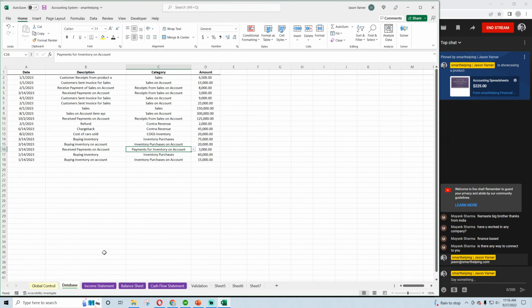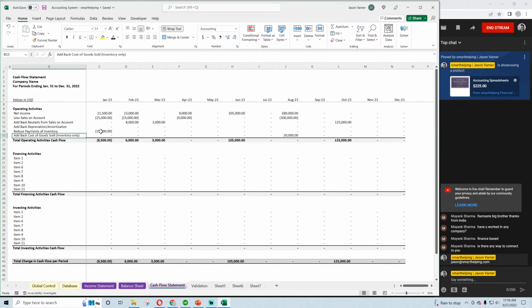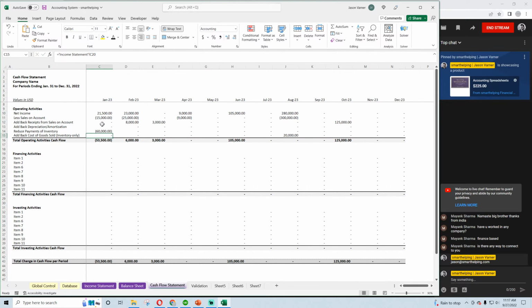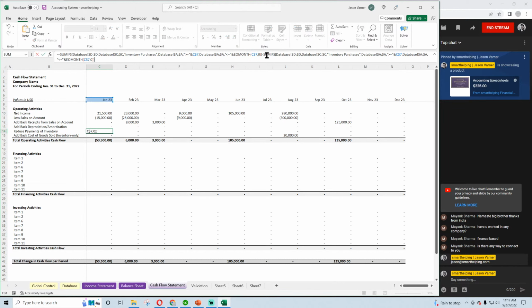So when are payments happening? Well, it would be anything labeled inventory purchases or payments for inventory on account. Those two are when cash actually leaves. So we want to add those two and there'll be a negative amount here. So reduce payments on inventory. So we have inventory purchases and then also inventory purchases on account, I believe I called it.